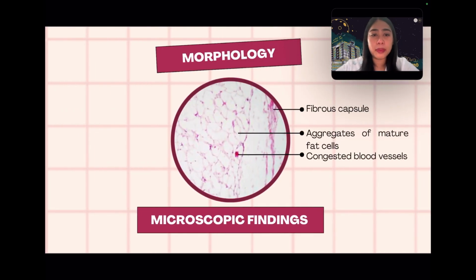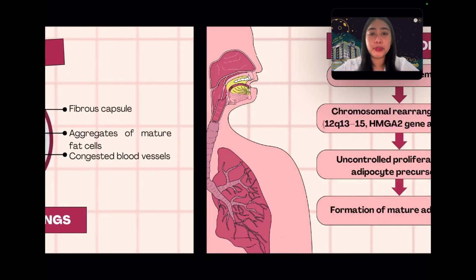And microscopically, the three important features are the fibrous capsule, the aggregates of mature fat cells, and congested blood vessels. So, as you can see microscopically, you could really appreciate the adipose fat, the aggregates of mature fat cells in this slide.